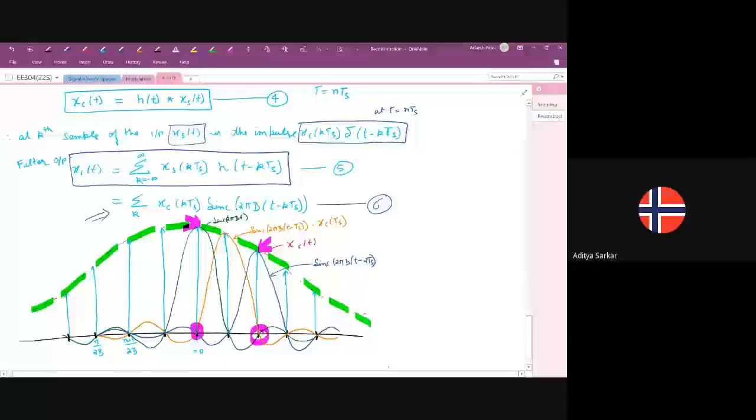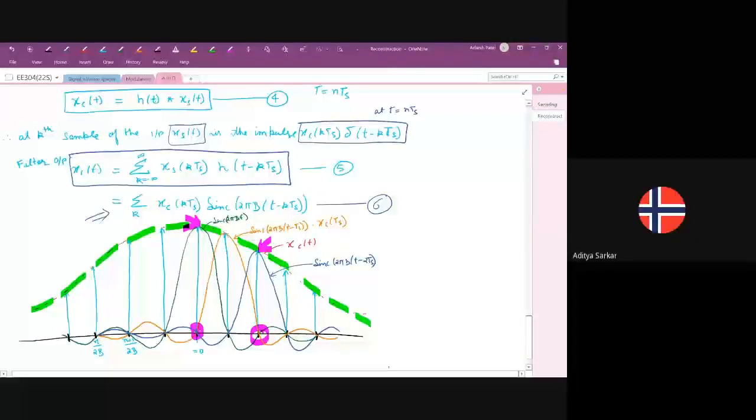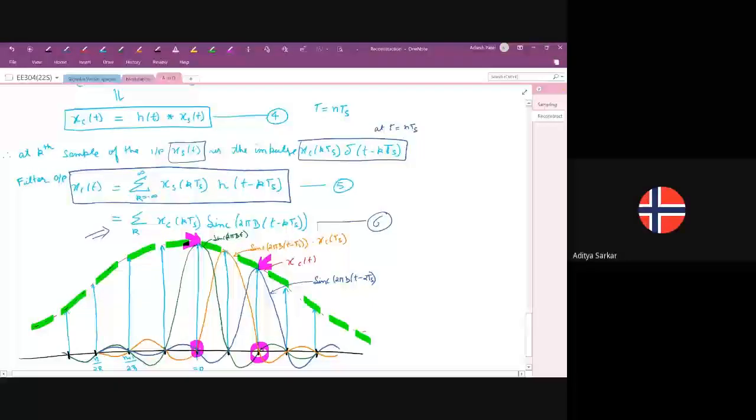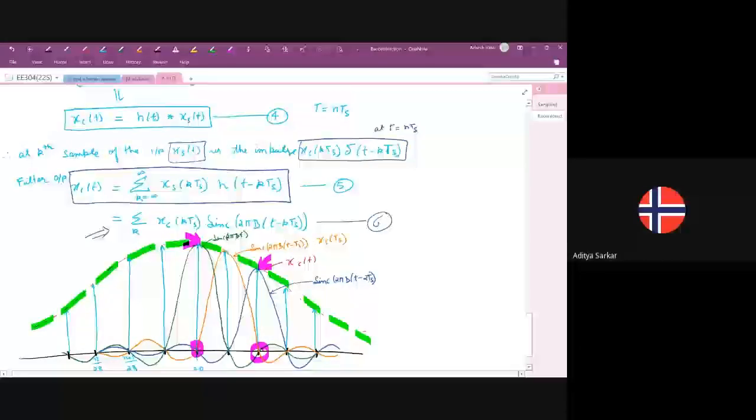Yes, sir. In the fifth equation, it will be an integral, and then once you put this delta of t minus kT_s, it becomes a summation. No, in the fifth it will be summation only. Why?